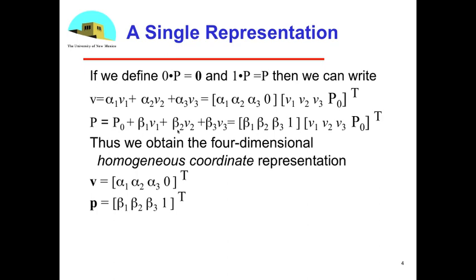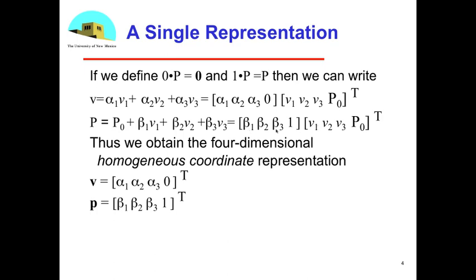Now the benefit comes here. Consider a point now. It's p0, the origin, plus beta 1 v1 plus beta 2 v2 plus beta 3 v3. What if I write it this way, using the same row matrix times a column matrix, so it's beta 1, beta 2, beta 3, and I put a 1 here? What happens here? By simple matrix algebra, I multiply corresponding elements and then add them all together.